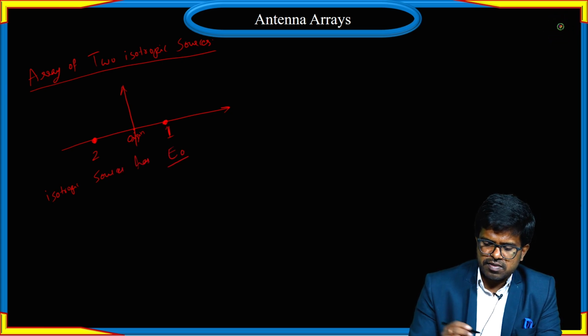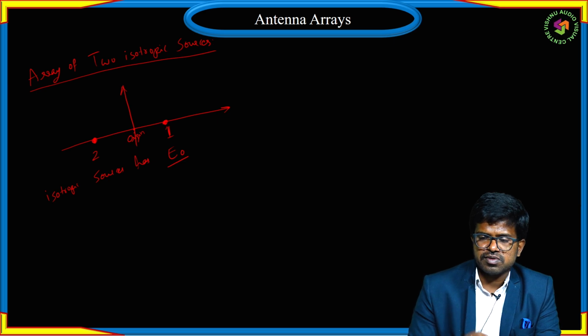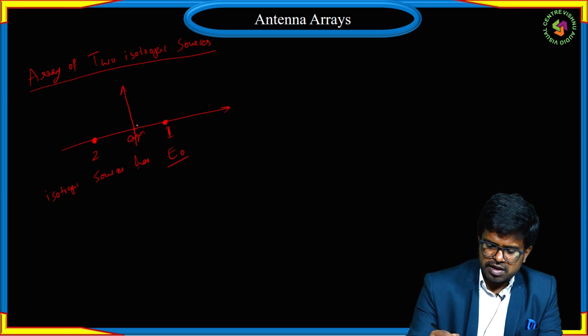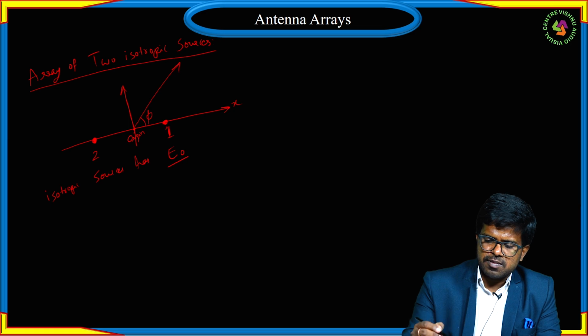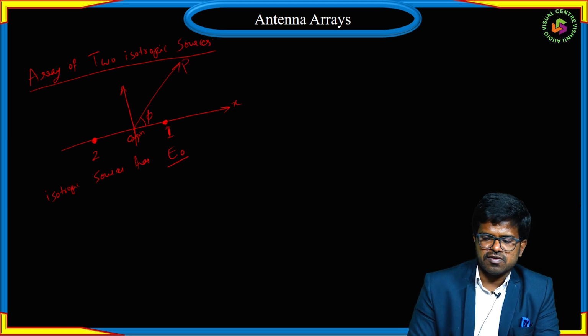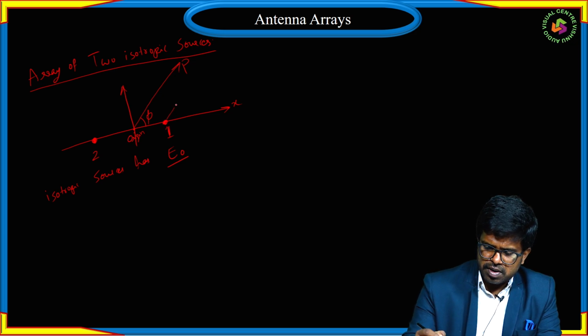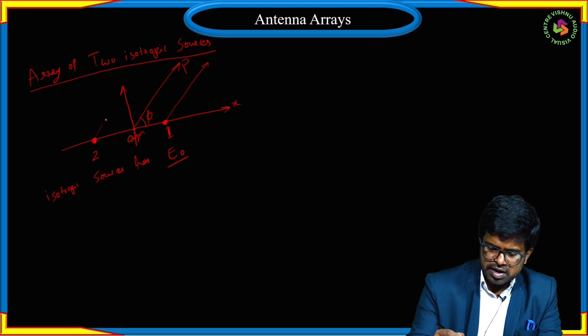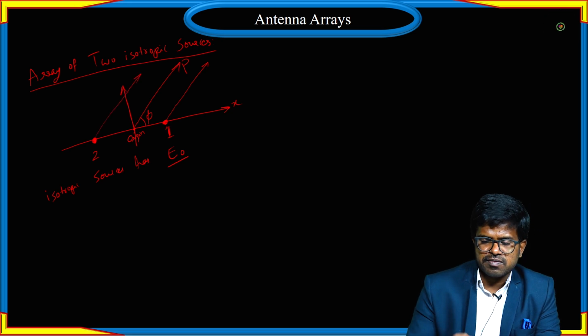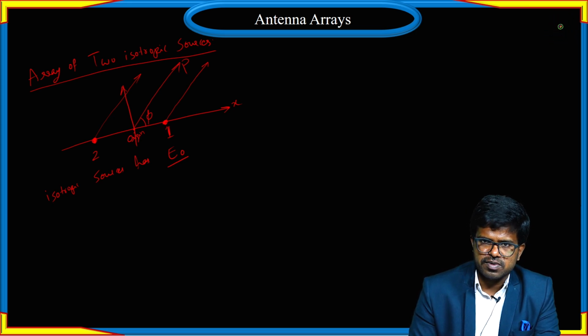We will see the resultant performance in the direction phi with the x-axis, at a far distance P. Sources 1 and 2 are giving their field in the direction of phi. What is the resultant performance at a far distance P due to these two isotropic sources?